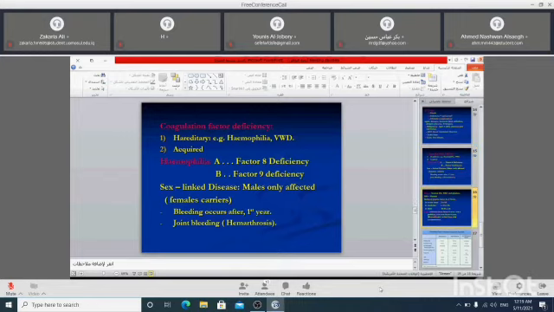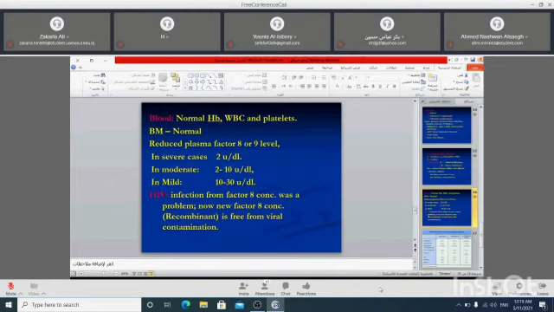These patients with hemophilia usually have normal complete blood picture. Hemoglobin normal, WBC normal, everything normal. The bone marrow normal. The defect in the level of factor 8 or 9.